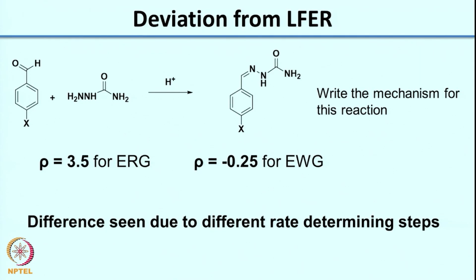So, if you are trying to write the mechanism for this and you were having trouble, let us walk through the mechanism. So, you start with the aldehyde and you have a substituent at this position. So, this is the aldehyde and it is reacting with semicarbazide. So, you have a large group here, but I will just put this as R. So, I am not writing the rest of the molecule.